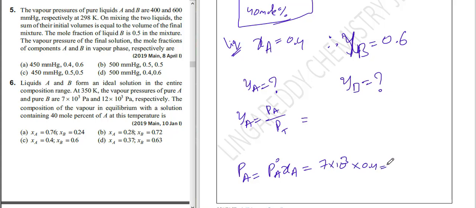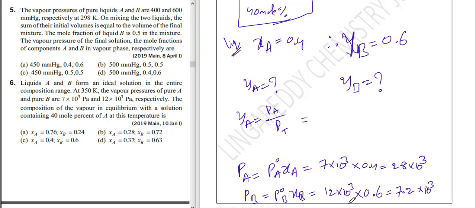So 7 times 4 is 28, so 2.8 into 10 power 3. Similarly, PB equals P naught B into XB. P naught B is 12 into 10 power 3, times 0.6, so I can write 7.2 into 10 power 3.